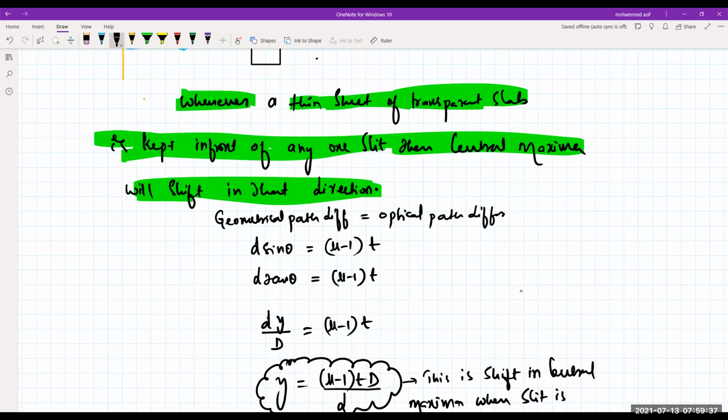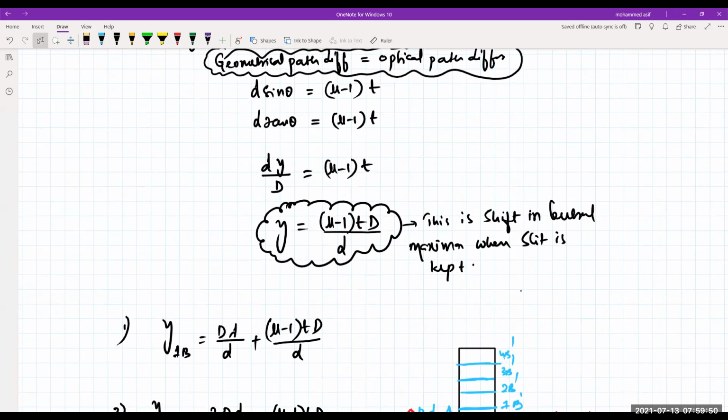That is the reason I have written geometrical path difference means d sin theta, and optical path difference is nothing but delta x, that is mu minus 1 into t. If they are equal, then only there will be a shift. So equating that, I got the general formula here.